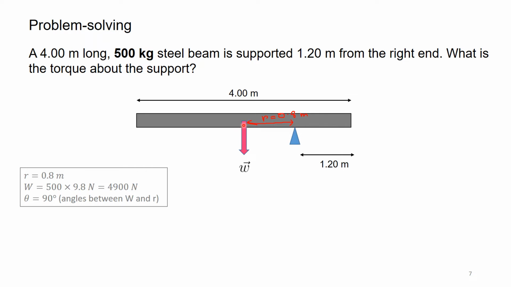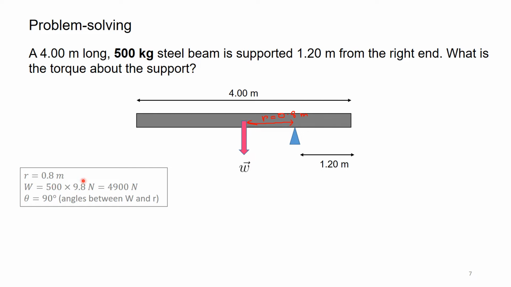And I know this because the center of the beam is 2 meters from the right end, and the pivot is 1.2 meters from the right end. So the difference is 2 minus 1.2, which is 0.8 meters.